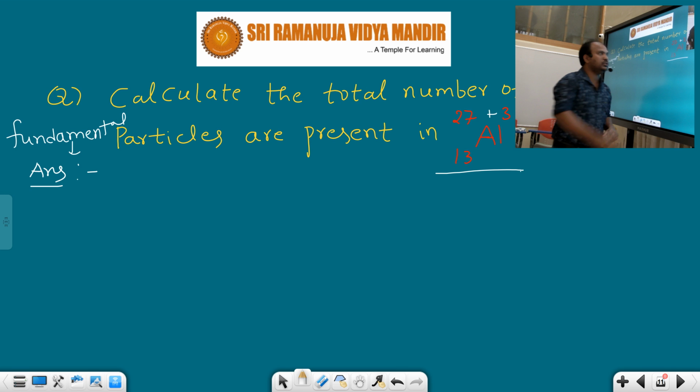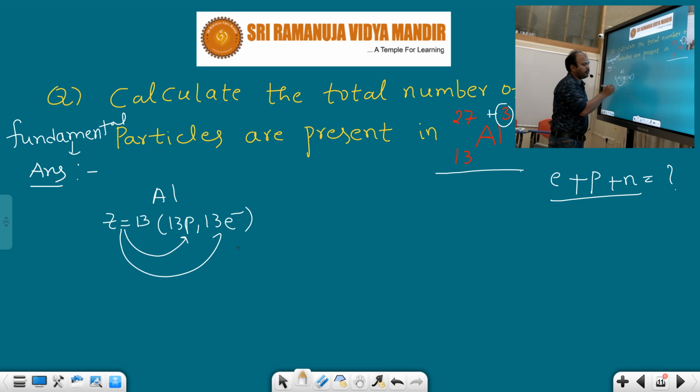Okay, here observe that. Aluminium you should take. This is a metal. Atomic number how much? 13. So we know that 13 protons, 13 electrons, because the same number of protons and the same number of electrons are present in it. Aluminium is a metal. Metals are always capable of donating electrons or losing electrons.